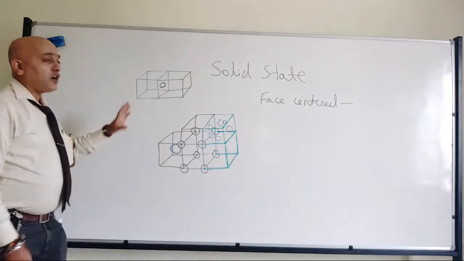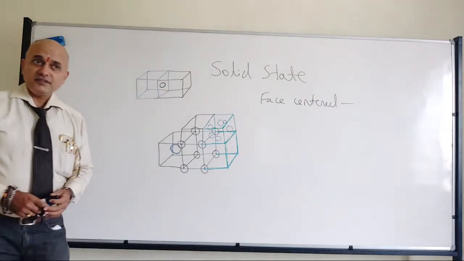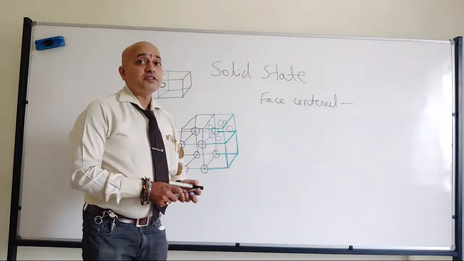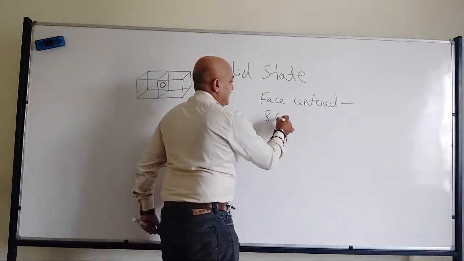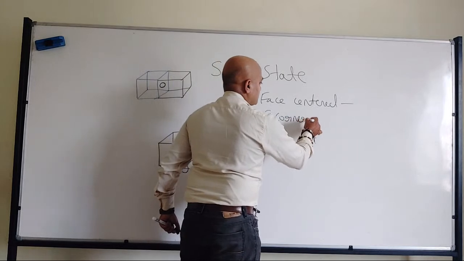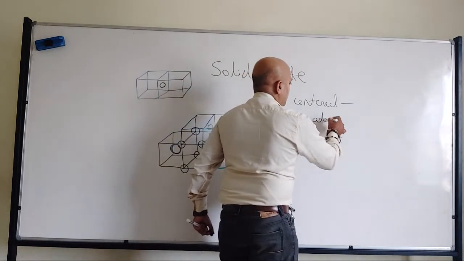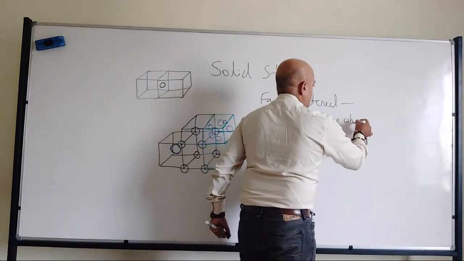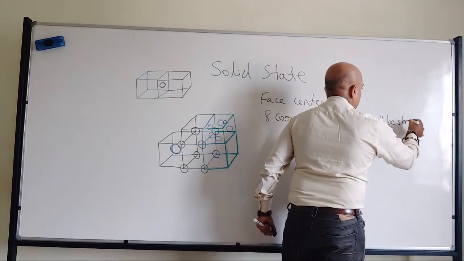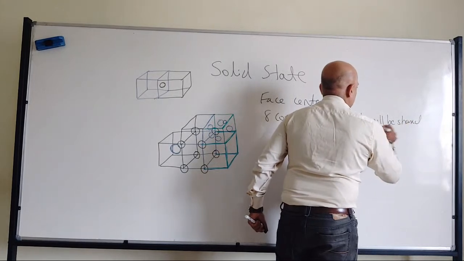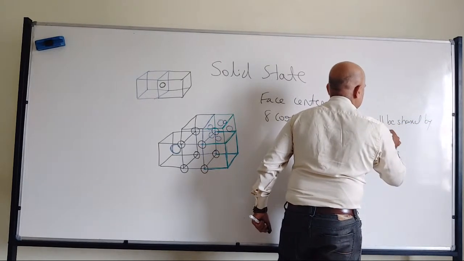So along with that, corner atoms will be there. Therefore, we have to give the explanation. So it will be having 8 corner atoms which will be shared by 8 unit cells.